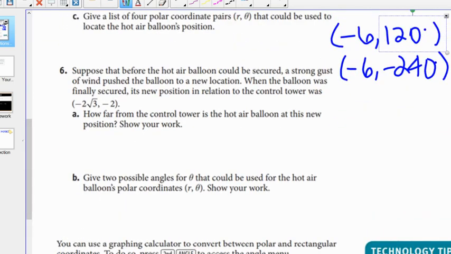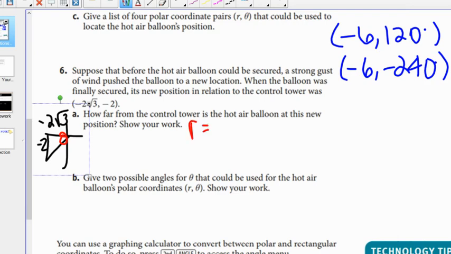This time we would be in quadrant 3, right? We're at negative 2 square root 3, negative 2. Here's our theta value there. Okay, so for r, again, think Pythagorean theorem. We need a squared plus b squared, but we're going to end up square rooting to get just the r value, right?